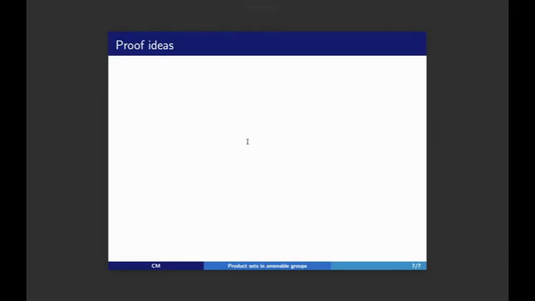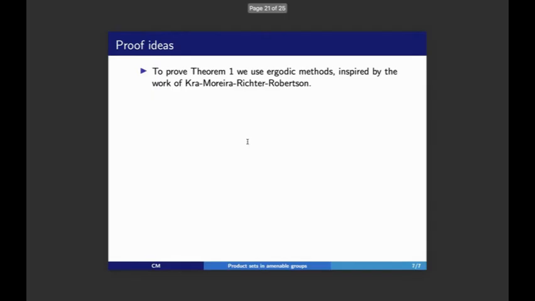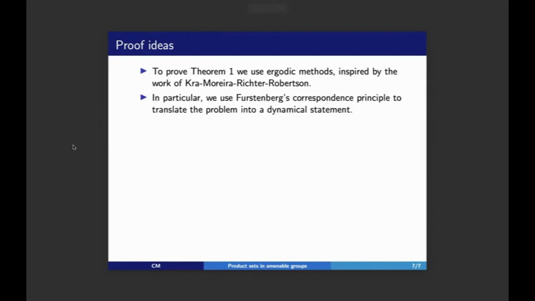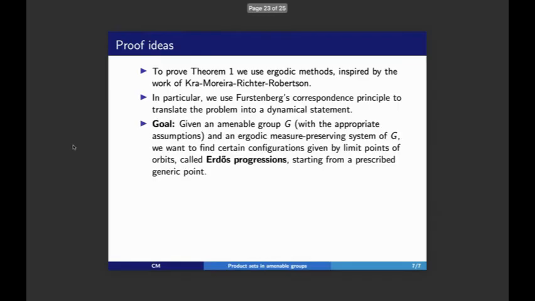Let us now say a couple of things about the proof ideas involved in the paper. To prove our theorem, we use ergodic theoretic methods inspired by the work of Kra, Moreira, Richter, and Robertson. We use Furstenberg's correspondence principle to translate the problem into a dynamical statement.